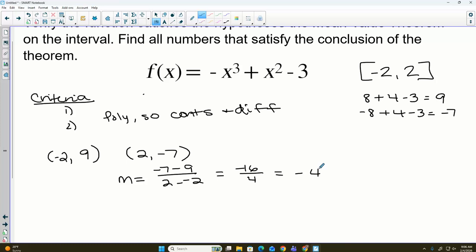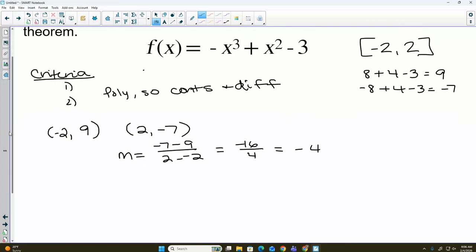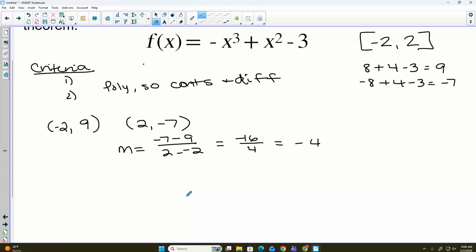And I get negative 4. Now what do we do? Yes, so we do our derivative.